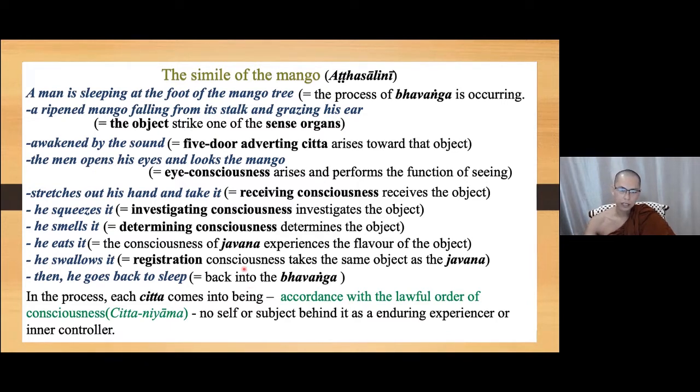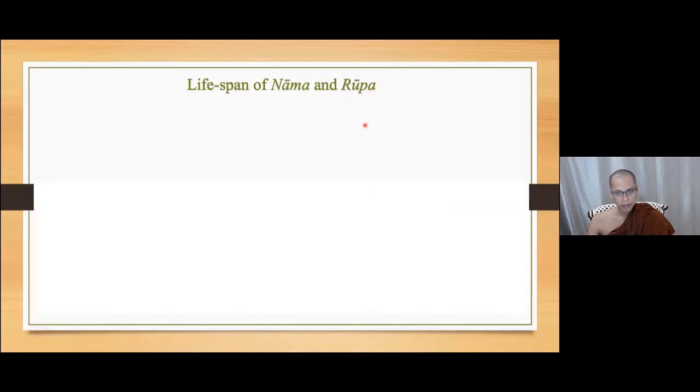So this is the simile given by the Atthasalini to describe the 5-door process. In this process, you see the object and sense organ appear, and the object strikes the sense organ. As I said, the object is materiality in the 5-door process, and the sense organs are also materiality.